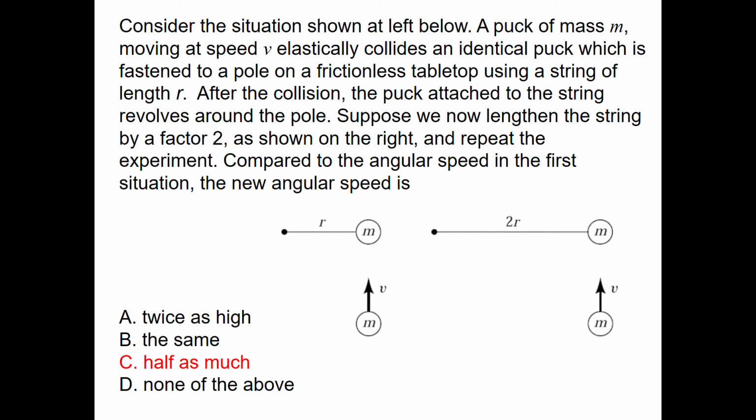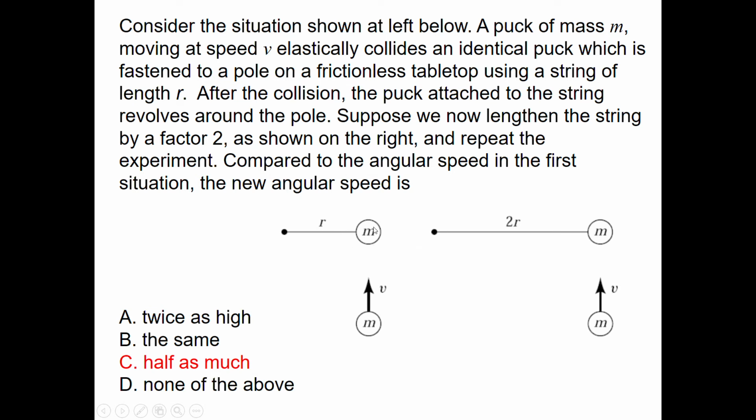The cue ball comes to rest and the other one moves on with speed v. So this would be moving with speed v, and in this situation, this one would be moving with speed v in the upward direction just after the collision. In any case, it doesn't matter what the speed is. They're both moving with the same speed after the collision, and then their velocity direction starts changing as they move around in a circle. Their speeds are the same.